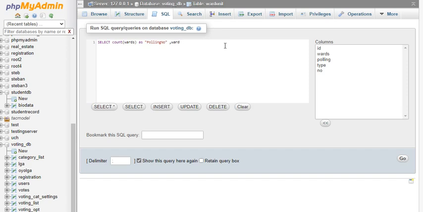I want the word's name to appear from which table? From word unit table.